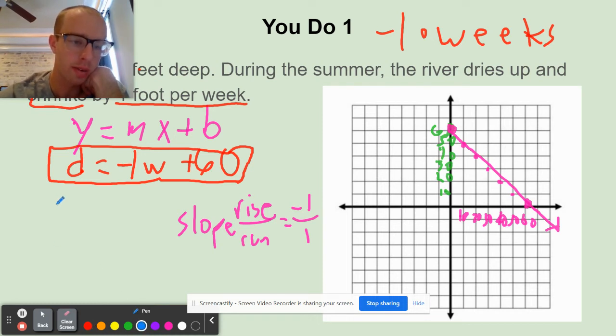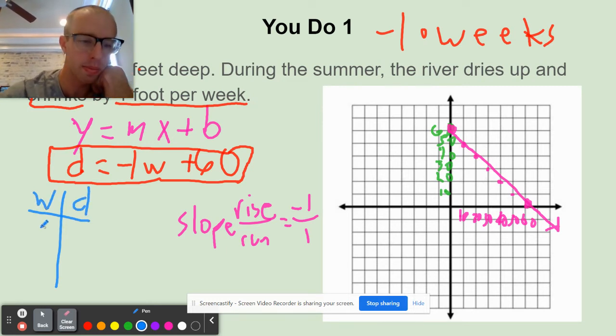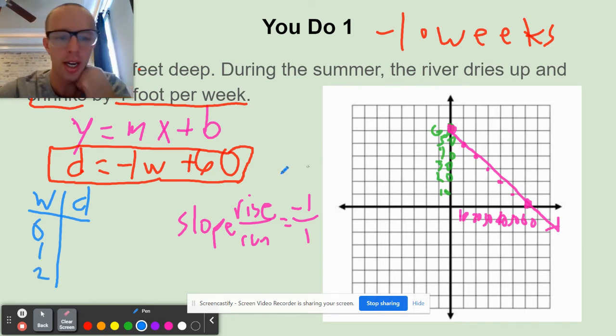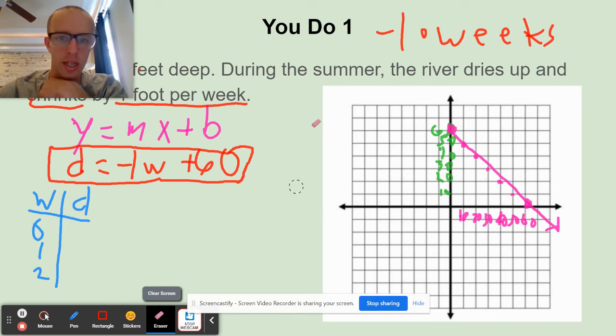All right. Now I need my table. My x is weeks. My y is the depth. I'm just going to go 0, 1, 2. I know at 0 weeks the depth is 60, right? Because it hasn't dried up at all yet at 0 weeks.